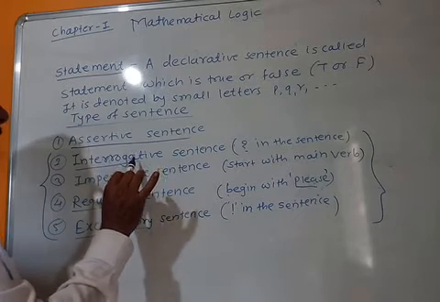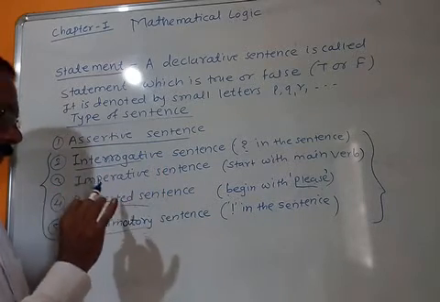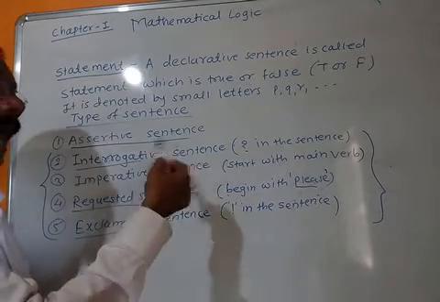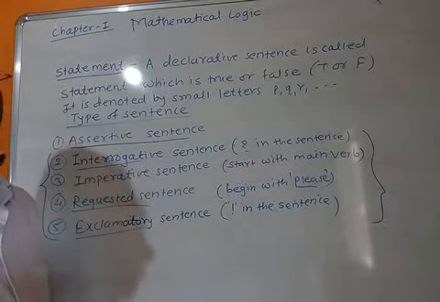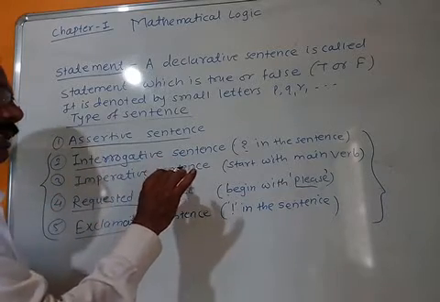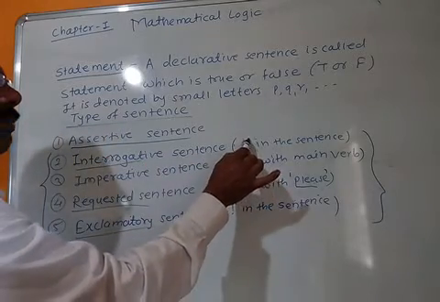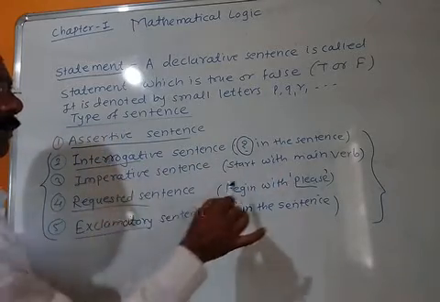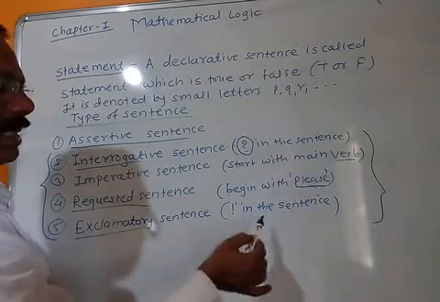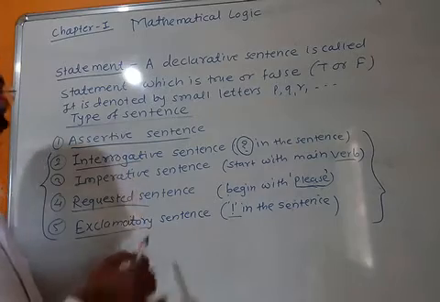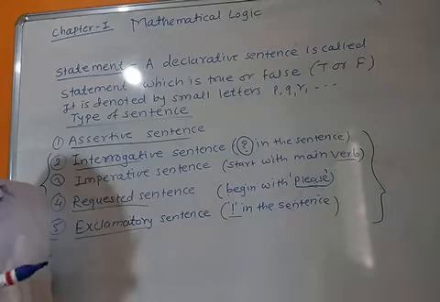The sentences which are not interrogative, imperative, requested, or exclamatory are assertive. So we only have to look for a question mark, the main verb, please, and the exclamatory mark. Without those, the sentence is an assertive sentence.